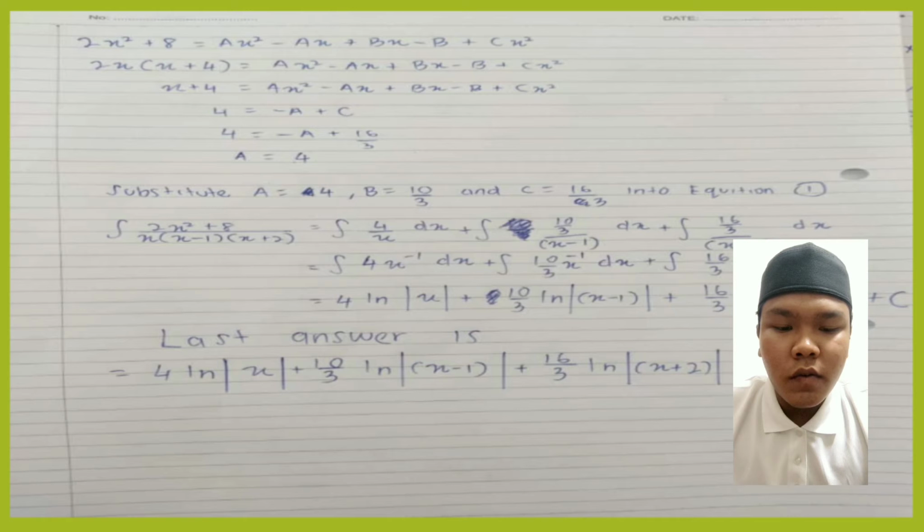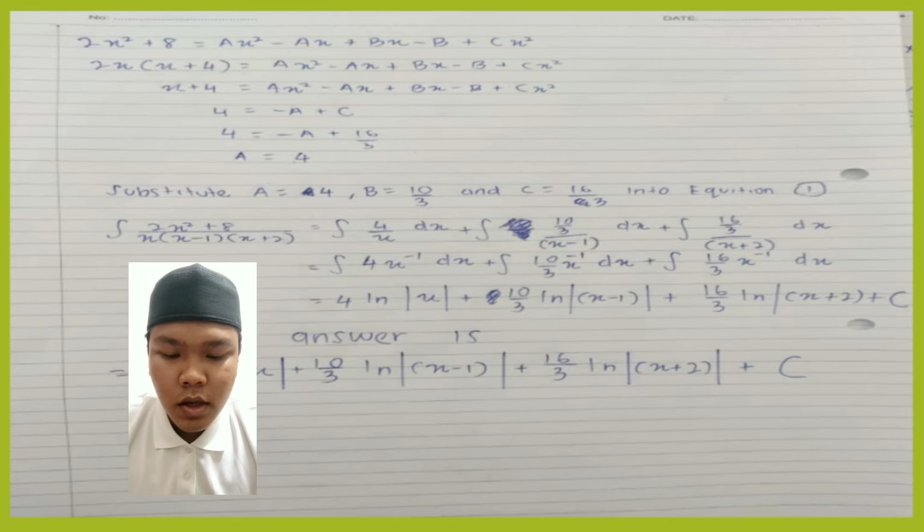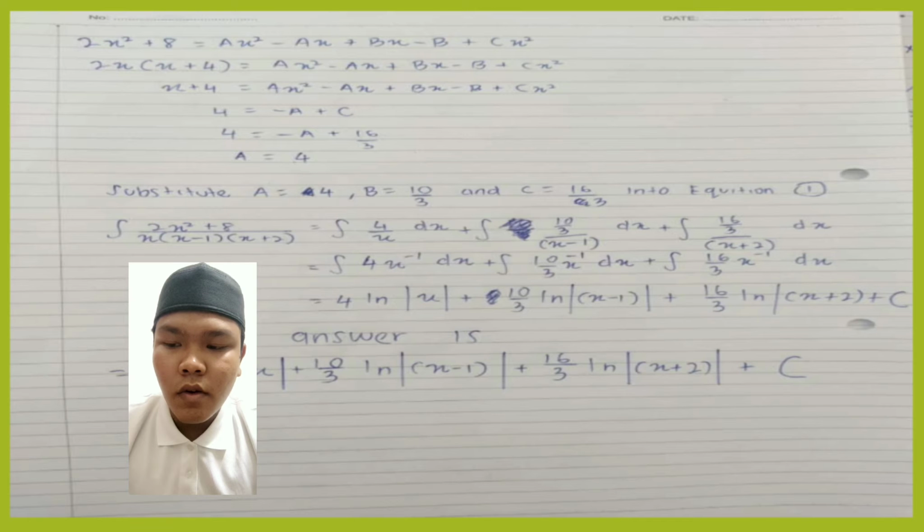Substitute all the values, a equals 4, b equals 10 over 3 and c equals 16 over 3, and integrate a over x plus b over x minus 1 plus c over x plus 2.